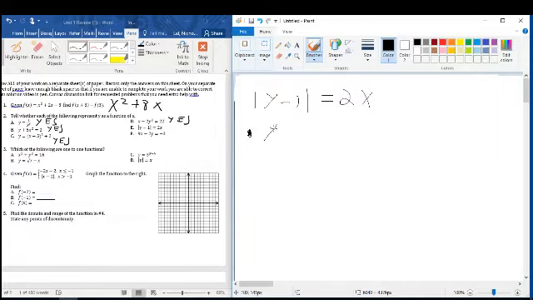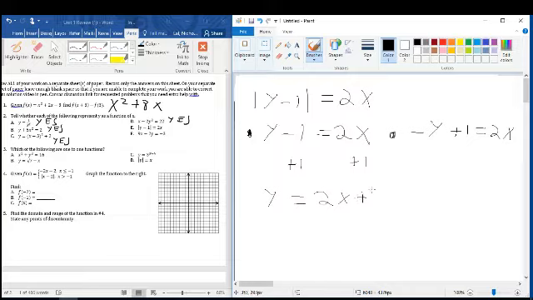One, y minus 1 equals 2x. And two, negative y plus 1 equals 2x. So we have y minus 1 equals 2x. You just add 1 to each side. And you'll have y is equal to 2x plus 1.